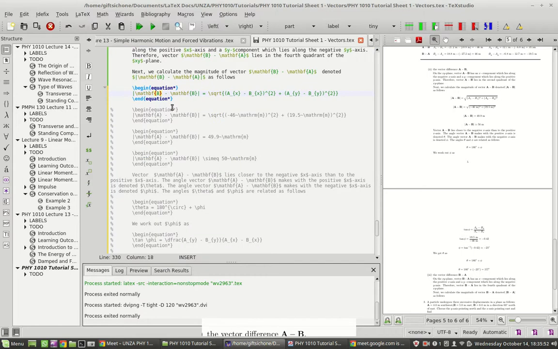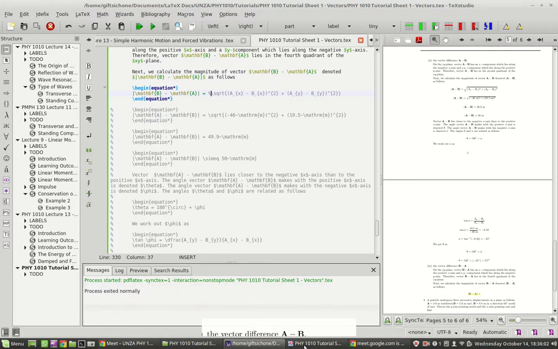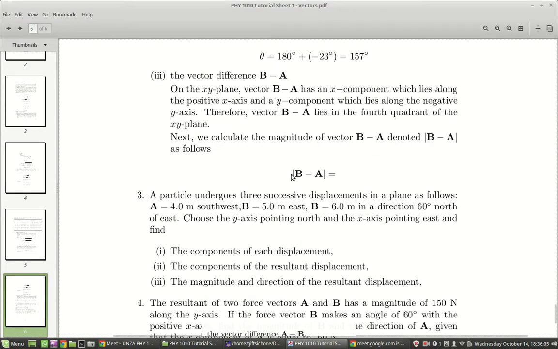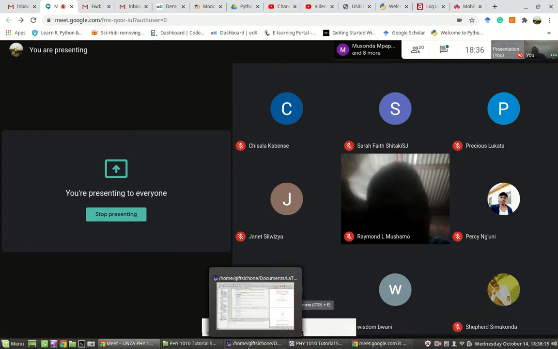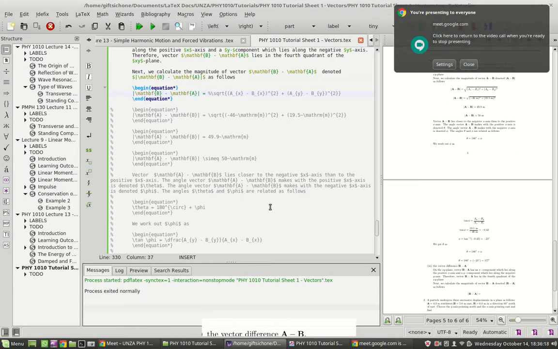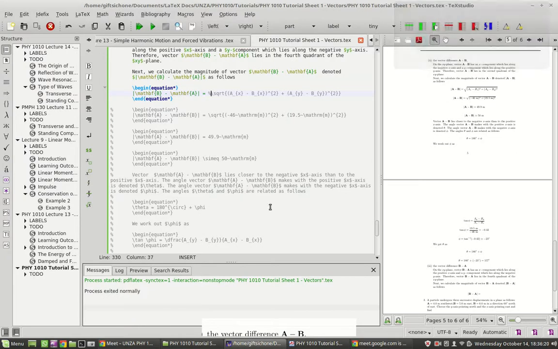So how do we work out the magnitude of b minus a?